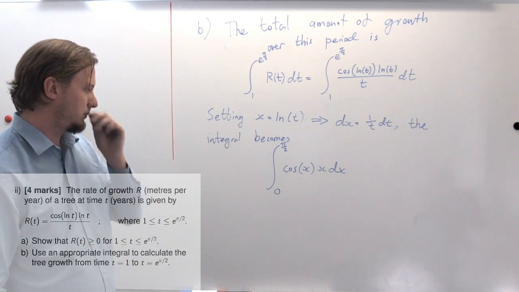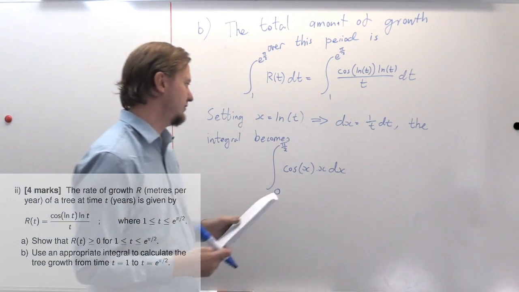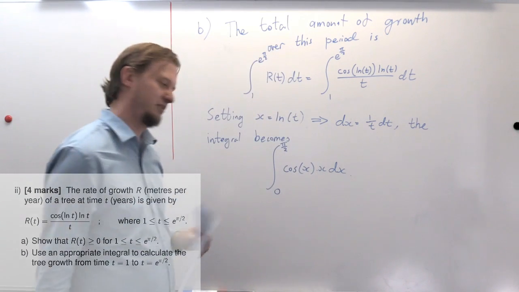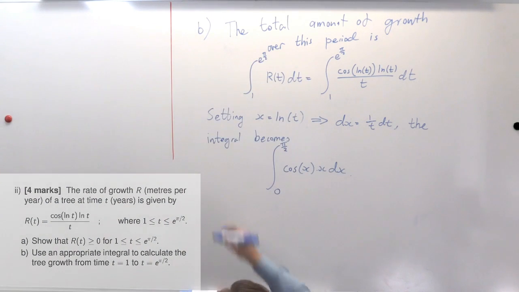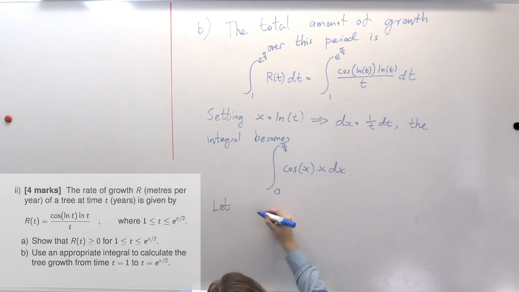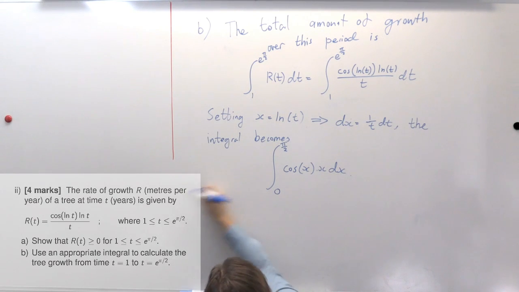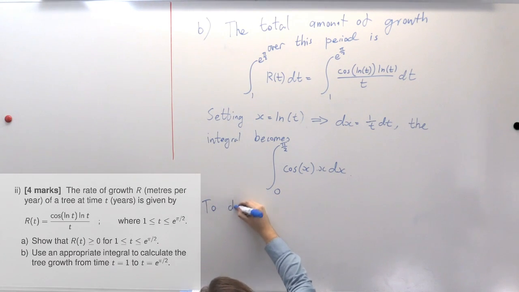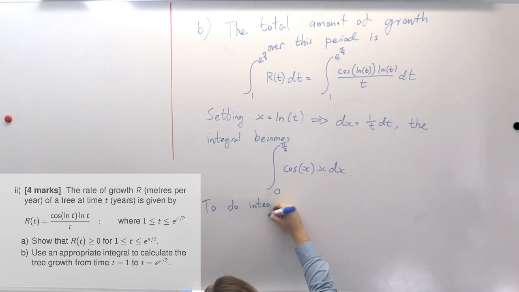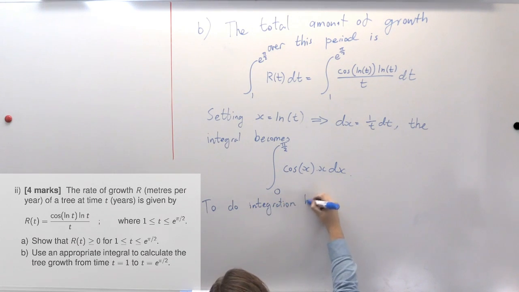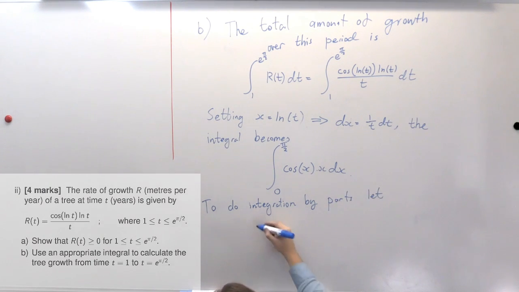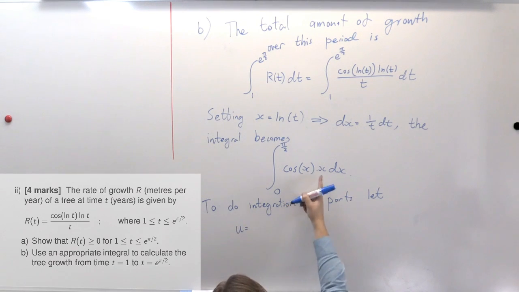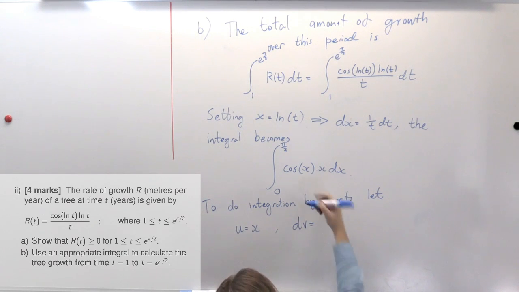All right. So there is really no way out of doing this; you really have to do integration by parts. I'll do that the way I usually see it. To do integration by parts, let's let u equal x, since I want to take the derivative of x, and dv equals the cosine.